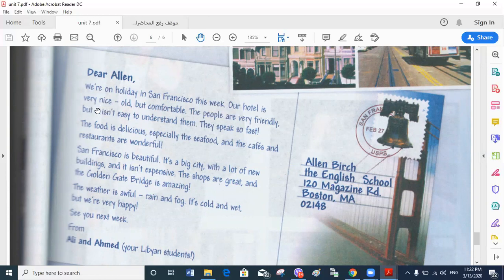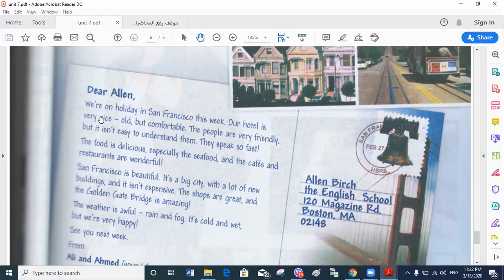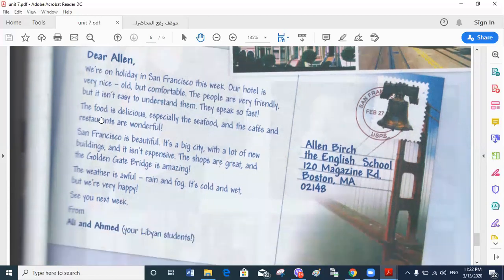I want you to underline these adjectives because you are going to use them in your answer. So, our hotel is very nice, old but comfortable. So nice, old, comfortable are adjectives.